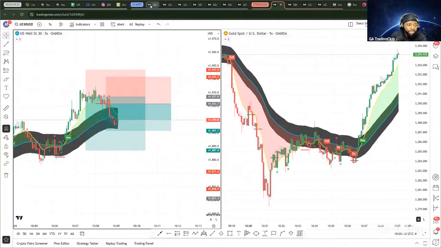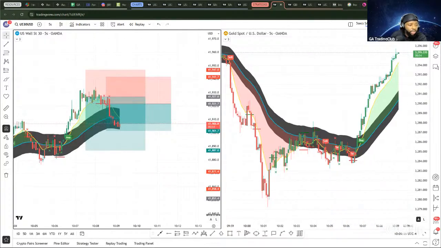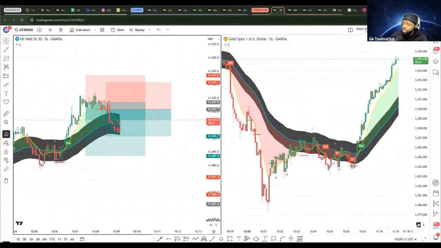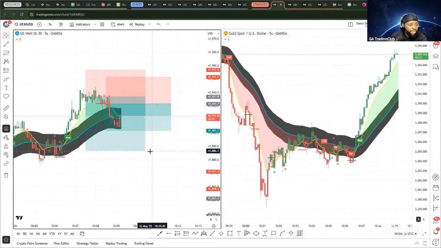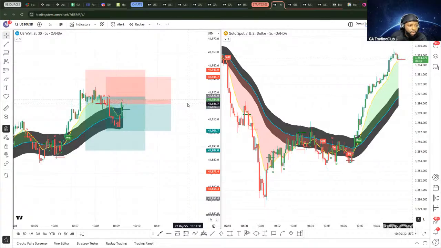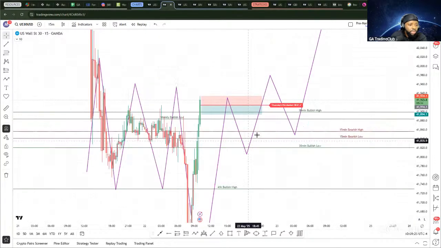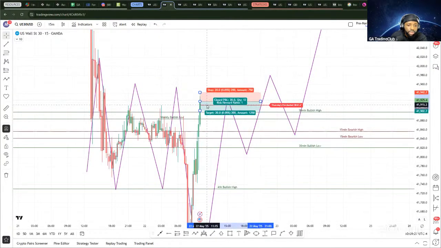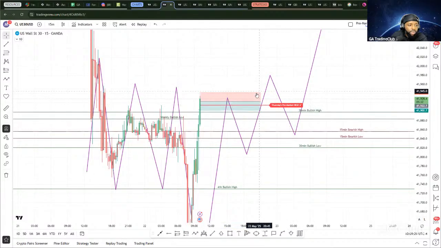So just keep that in mind. We just need a big spike to the downside. Hopefully we are able to get that. But there is a bullish order block, 921.7. So this is 921.